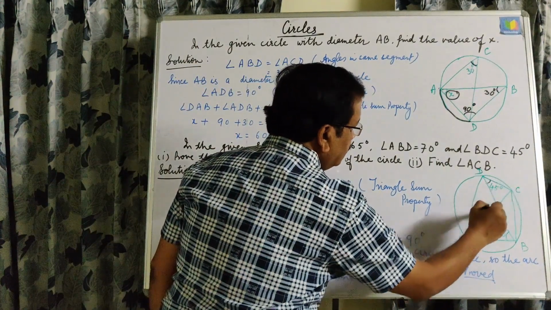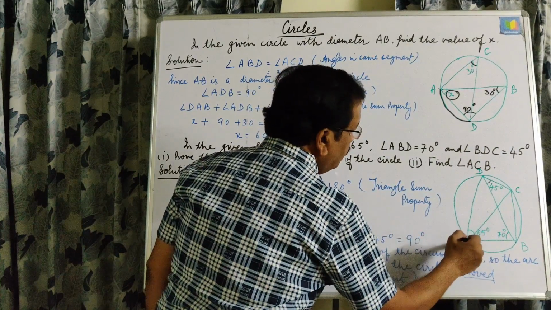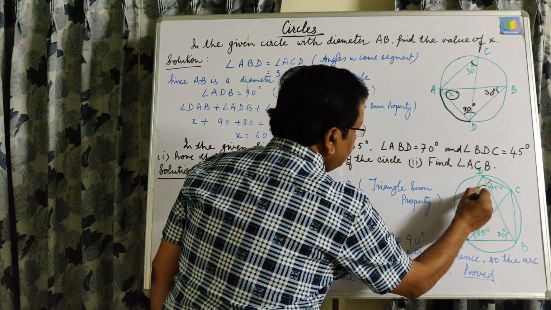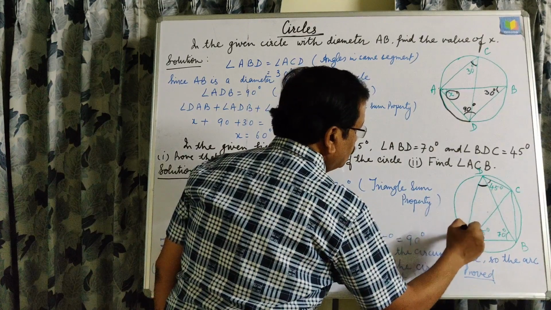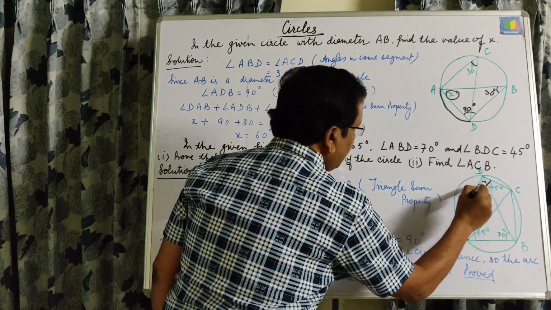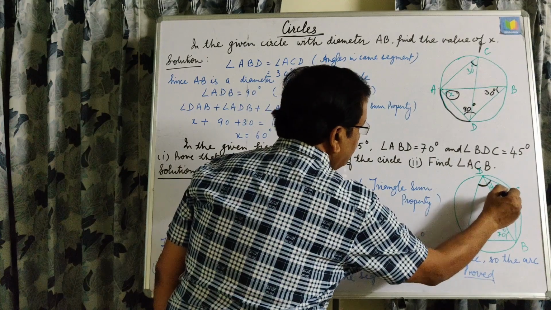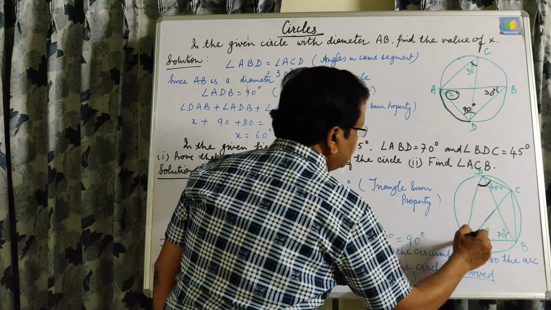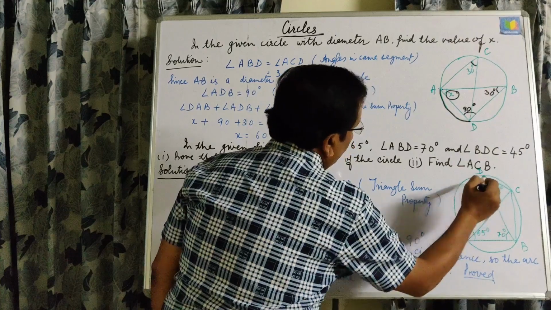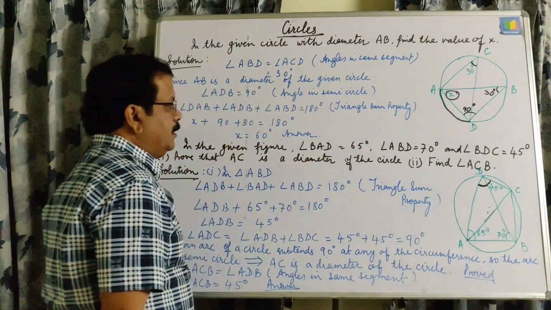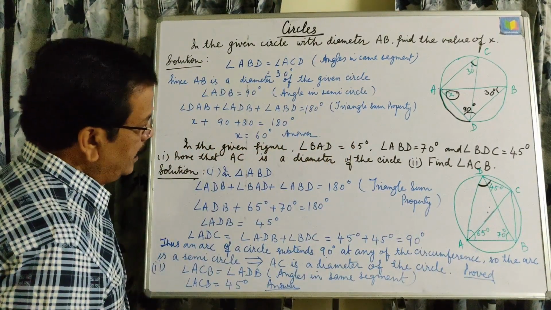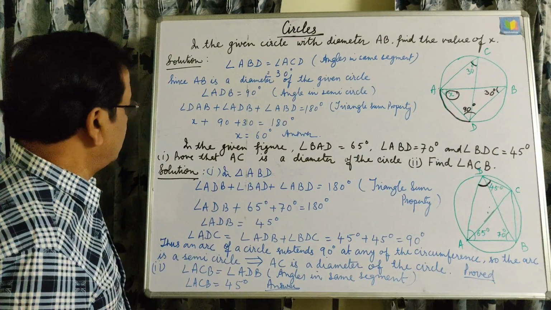AC is a diameter means if we are able to prove that this angle is 45, the total angle will be 90 degrees, and that is why, as the angle in a semicircle, taking this as diameter, it will be 90 degrees. In the same way, angle ACB also, second part of the question.